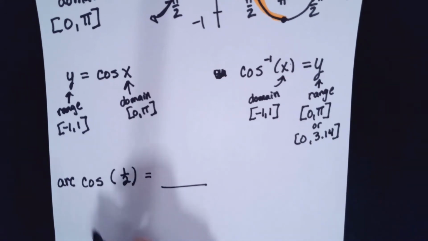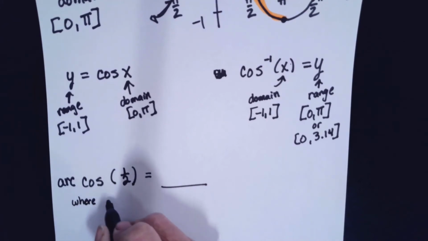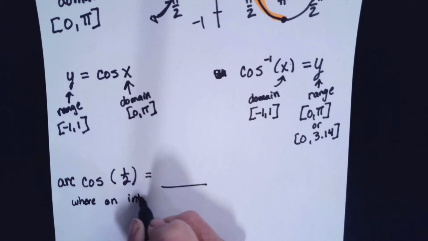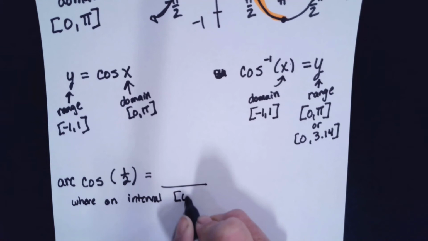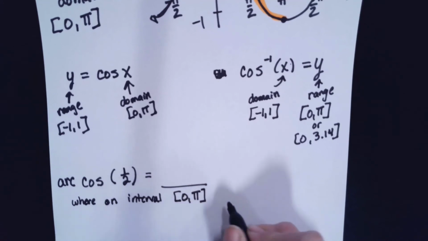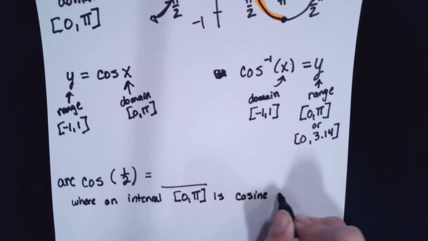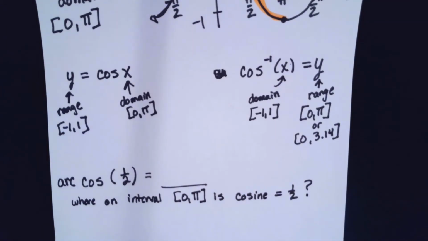So basically that's asking me where on the interval from 0 to pi is the cosine equal to 1/2. That's what that's asking me. The arc cosine of 1/2, it's saying where on the interval from 0 to pi is the cosine equal to 1/2.